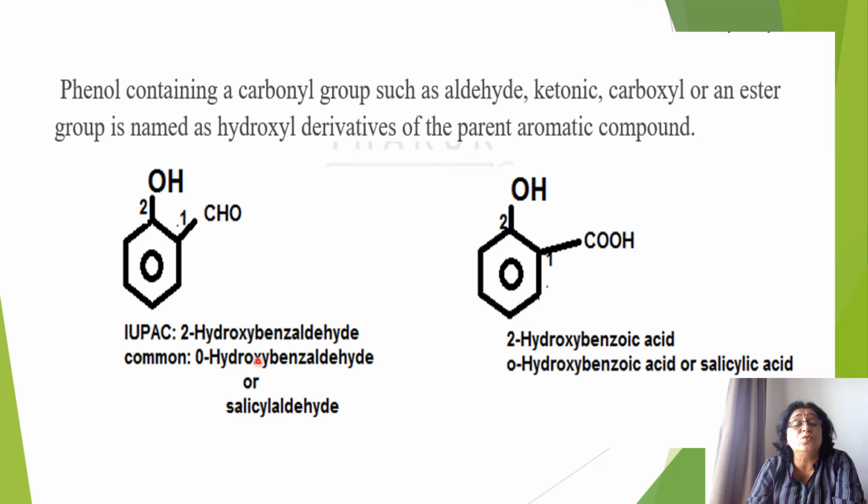So here you see 2-hydroxybenzaldehyde, or the common name orthohydroxybenzaldehyde, also known as salicylaldehyde. Clear? Then this one, the COOH-containing carbon is given number 1. This is 2. So 2-hydroxybenzoic acid. The common name will be orthohydroxybenzoic acid, and it is also known as salicylic acid.